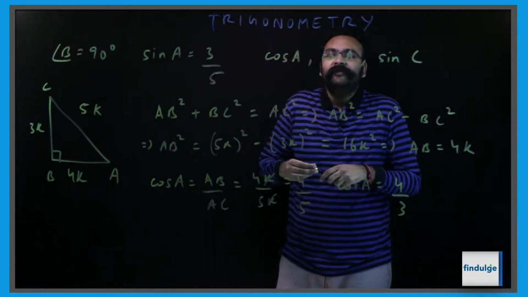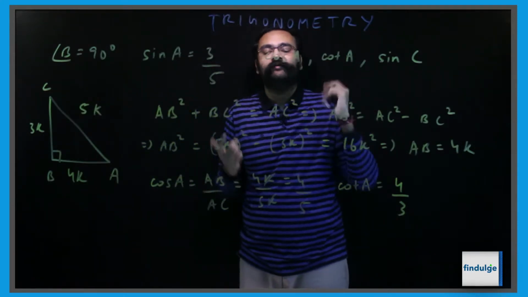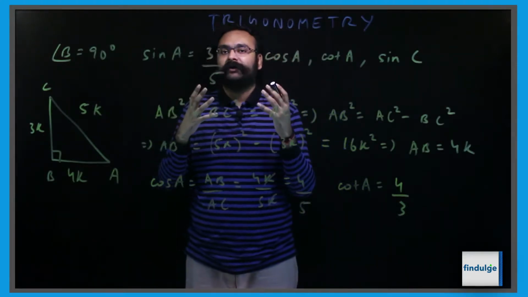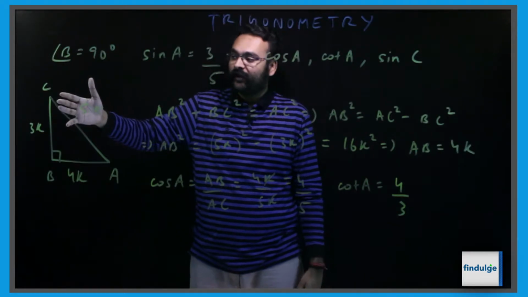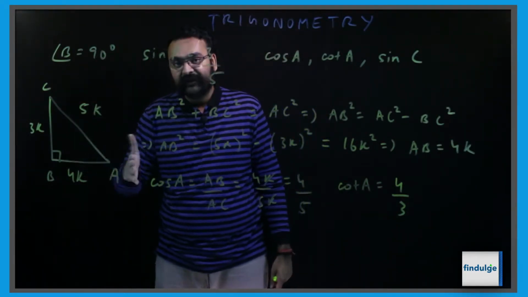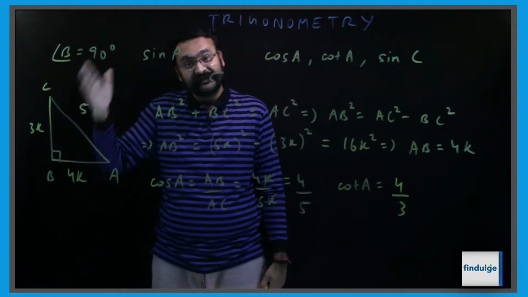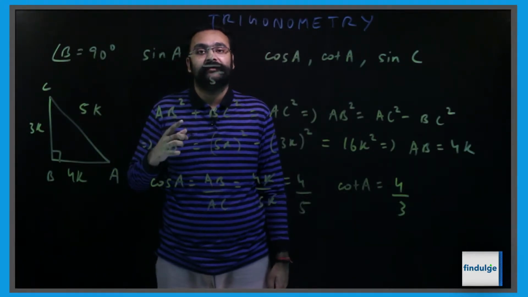Now obviously sin C will not be the same as sin A. Then what is the point of A and C? So if you think about it, if I tilt my head and look at this triangle, as far as C is concerned, AB is its perpendicular, BC is its base, and hypotenuse is still nothing but AC.